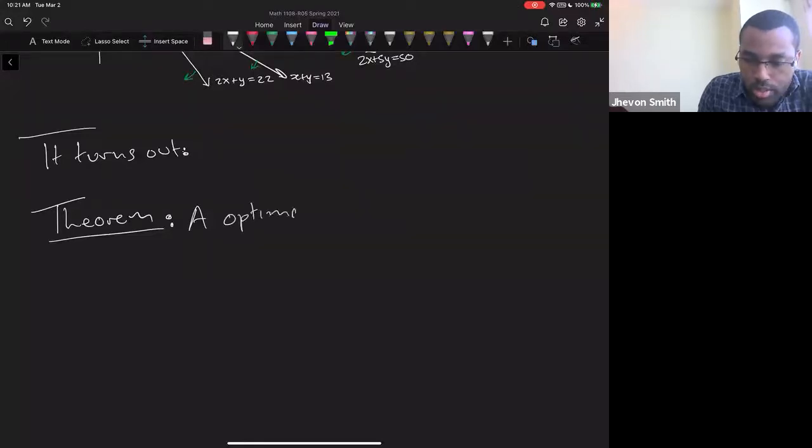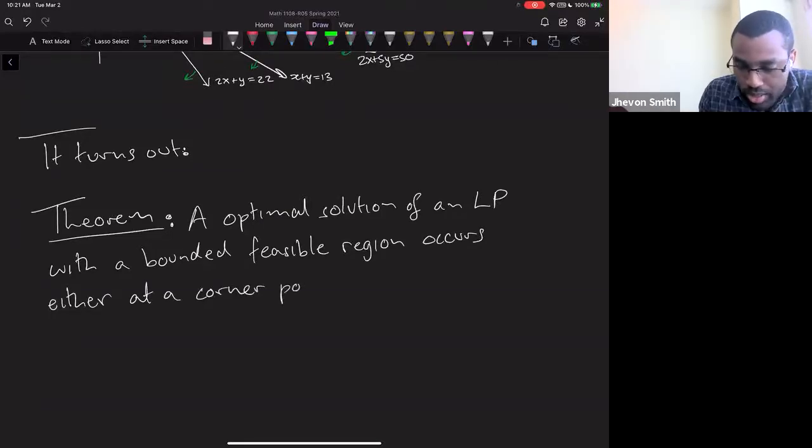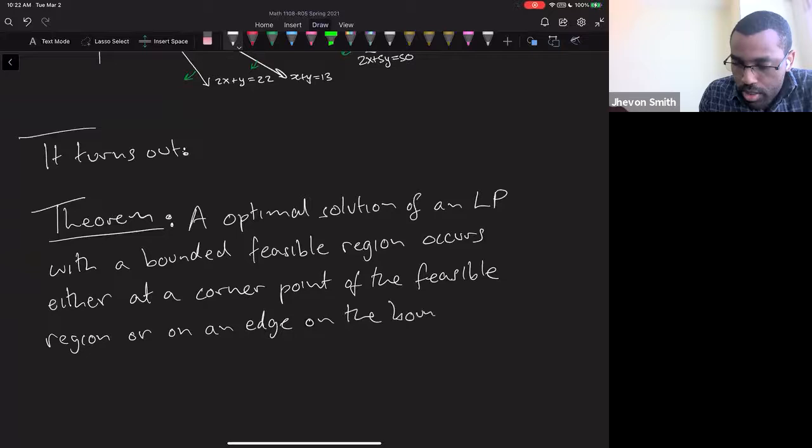The optimal solution of an LP with a bounded feasible region, so this is why it's important to identify bounded from unbounded, occurs either at a corner point of the feasible region, which is why we need to find the corner points, or on an edge on the boundary of the feasible region.